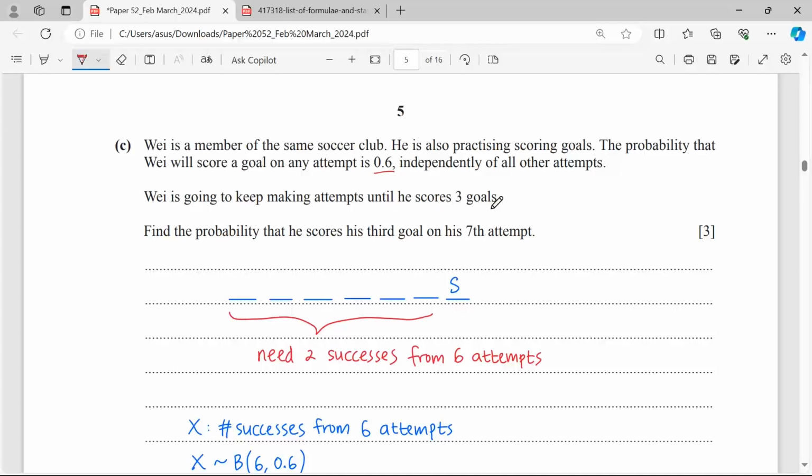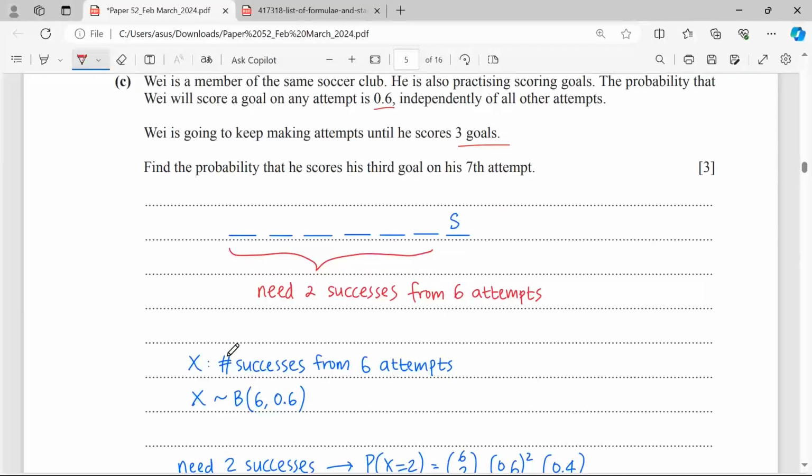Because our goal is to make 3 goals. So you can say that x is a random variable that denotes the number of successes from 6 attempts. And we know x has a binomial distribution where n is equal to 6 and p is 0.6.